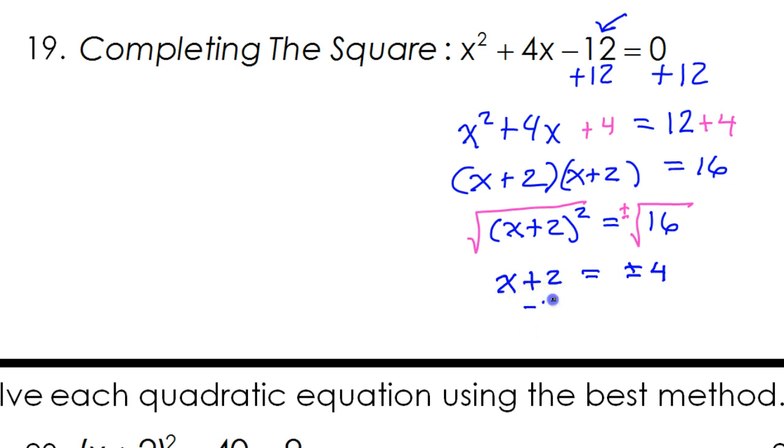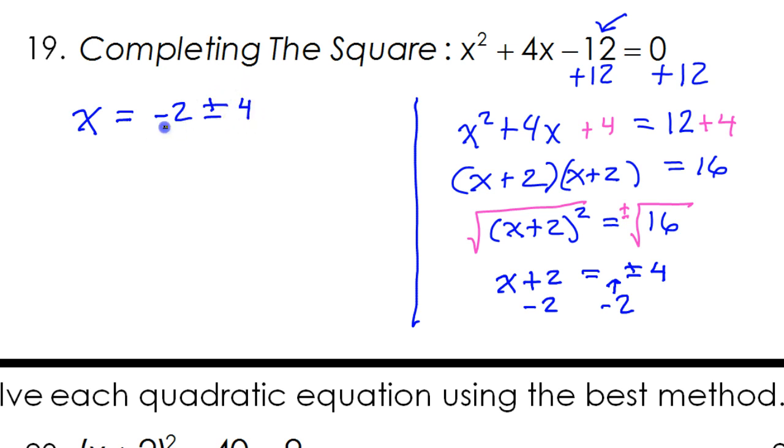Okay, now I would subtract 2 from both sides and put it in the front before the plus or minus 4. Okay, now I'm actually going to take this and put it up over here. So that gives us x equals -2 plus or minus 4.